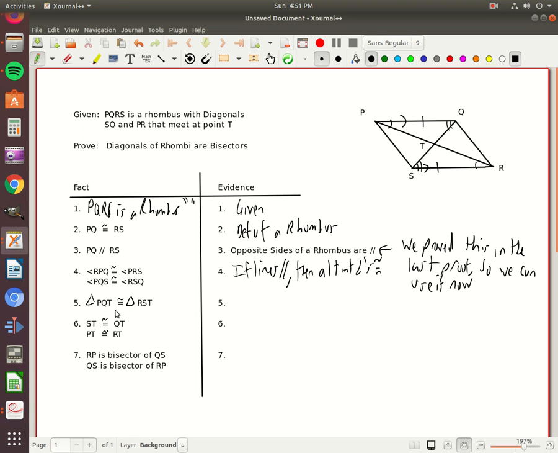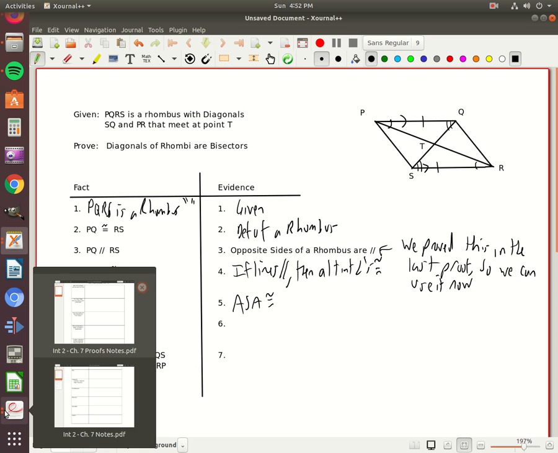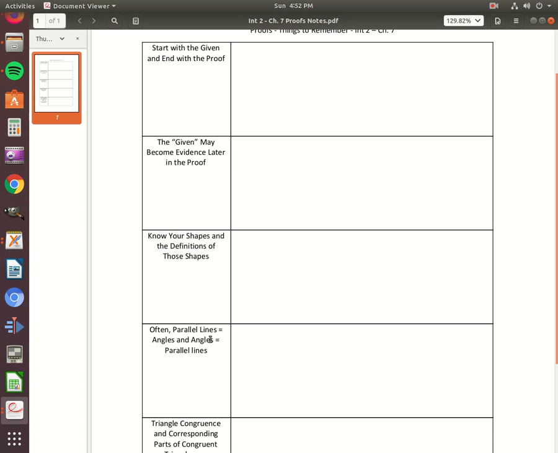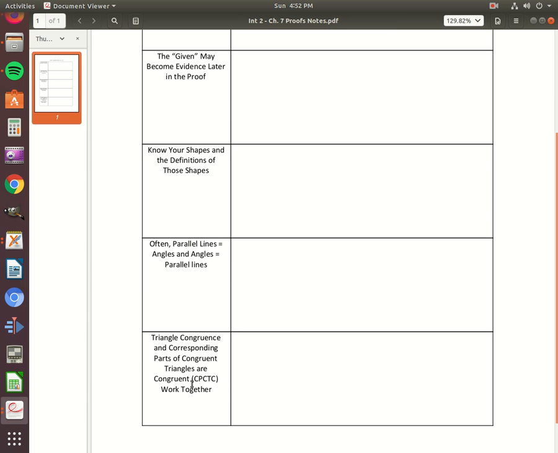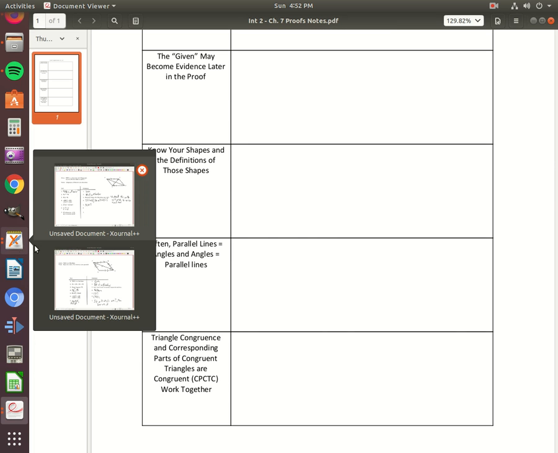Next, I know that this little upper triangle, PQT, is congruent to RST, the little lower triangle. And I know that's true because of angle side angle congruence. And again, if I'm proving congruence here, there's probably a reason I'm proving it, probably because I want to use CPCTC next.